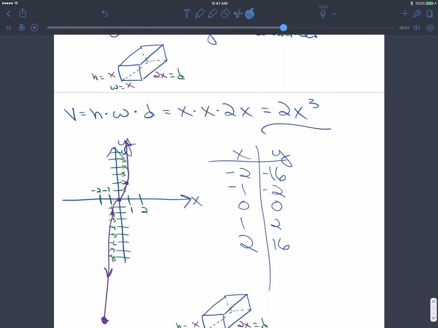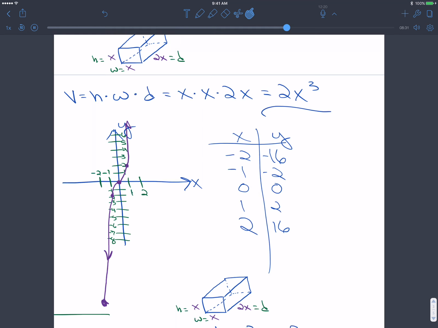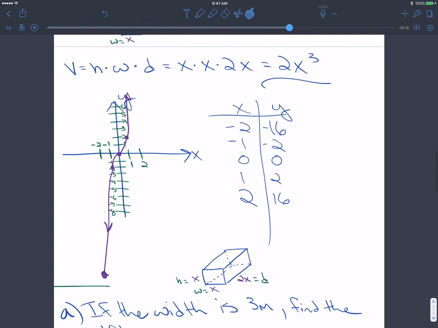Once we have the graph, ideally you should be looking at the graph on your calculator right now as a comparison. But you can find this information using the graph, or you can also find it with the equation. If the width is 3 meters, find the volume.